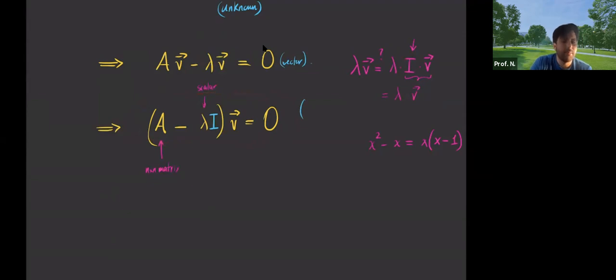When you have a system of equations that all equals 0, it's homogeneous. Uh-oh. I told you everything's going to come back together, guys. So we went from an equation to now a homogeneous system.